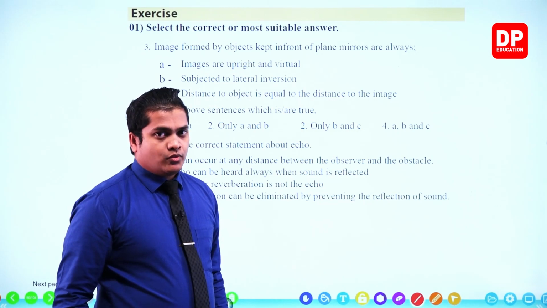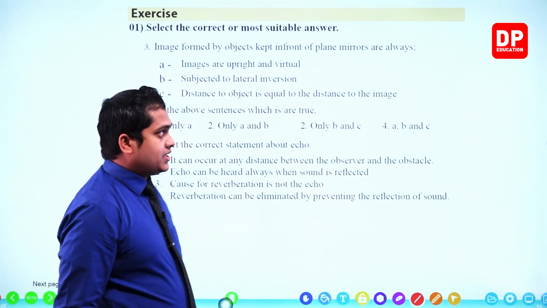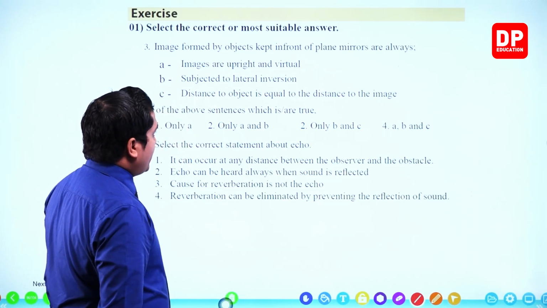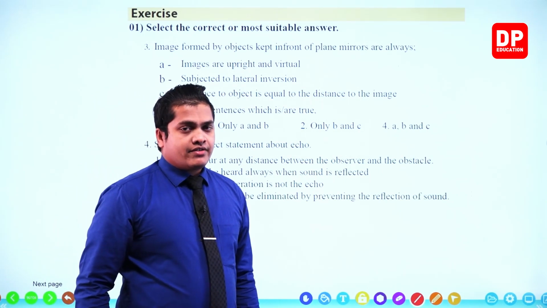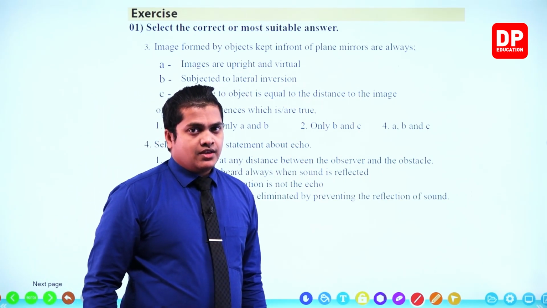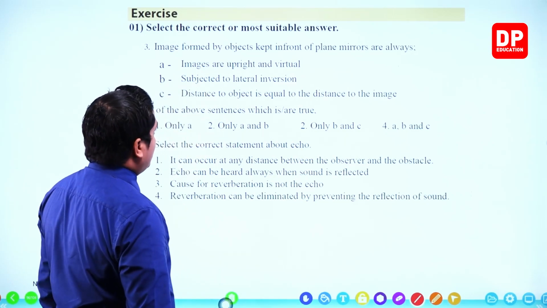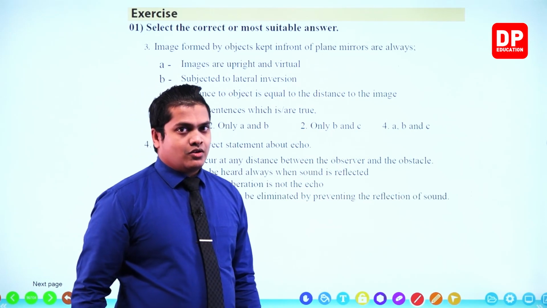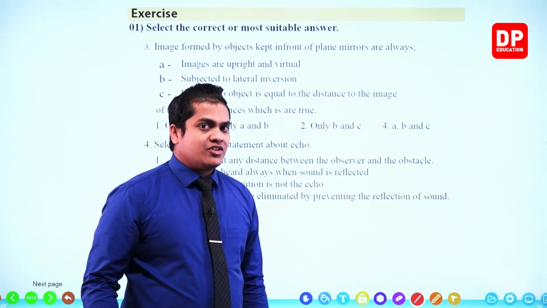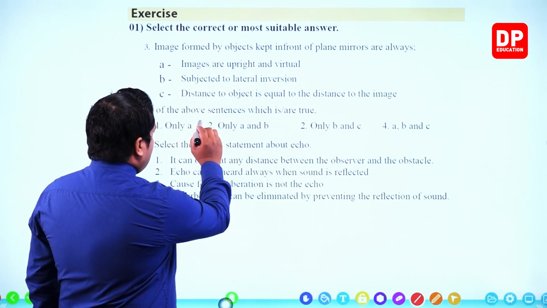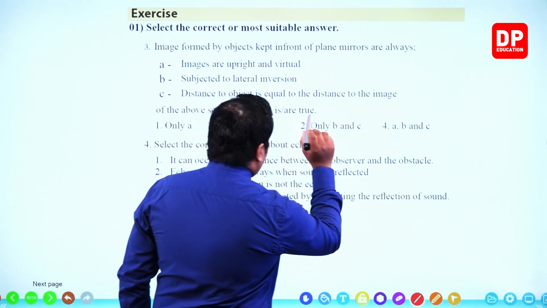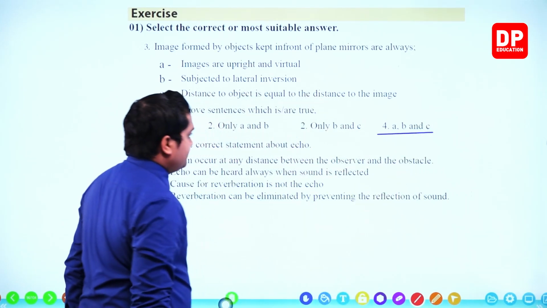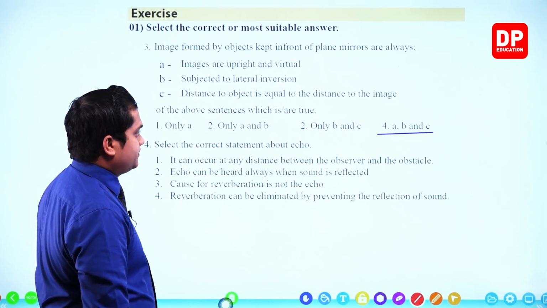Cannot be taken onto a screen, and these are upright as well. Subjected to lateral inversion, correct. Left and right sides are getting switched within the plane mirror images. Next one, distance to the object is equal to the distance to the image. Once again correct, object distance is equal to the image distance. So my dear children, the true ones are all. All of these things are correct.